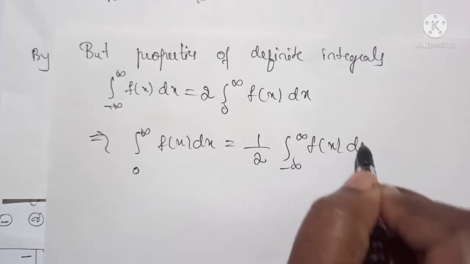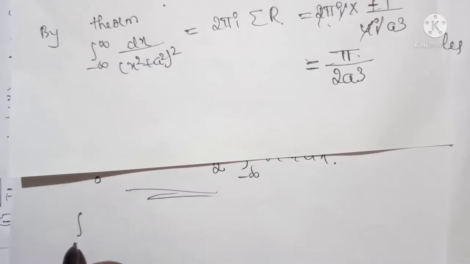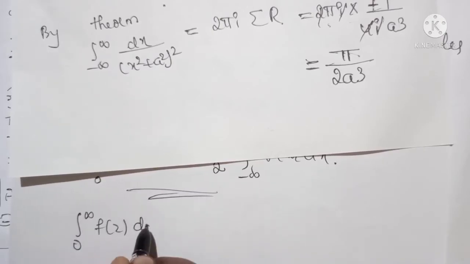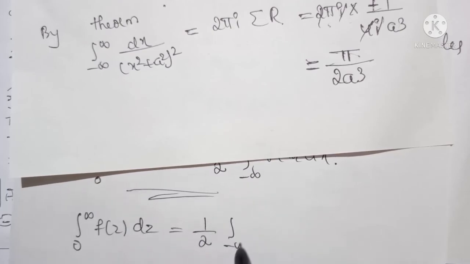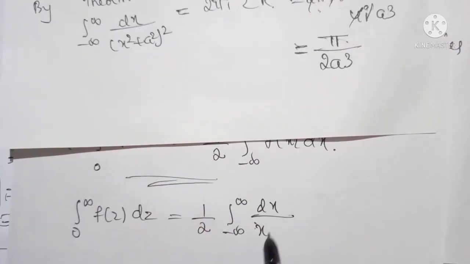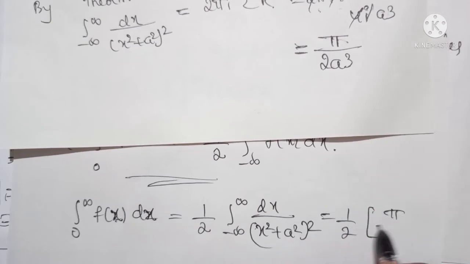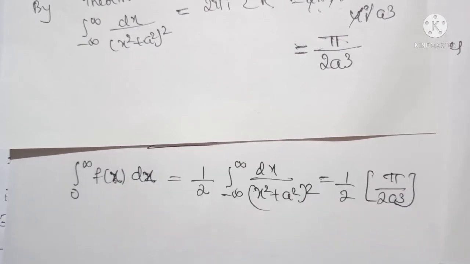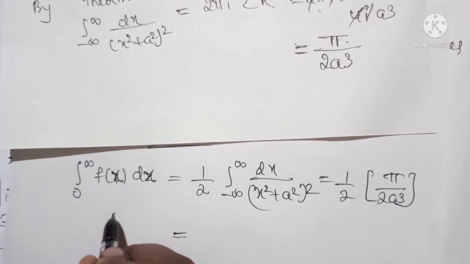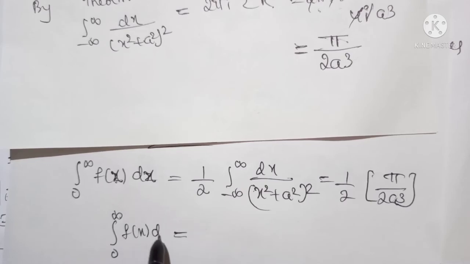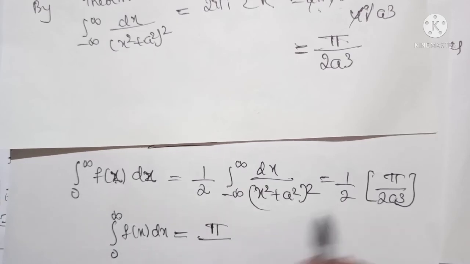Using this property, the given integral from 0 to infinity of dx divided by (x square plus a square) whole square equals 1 by 2 times pi divided by 2a cube, which is pi divided by 4a cube. This is the required answer.